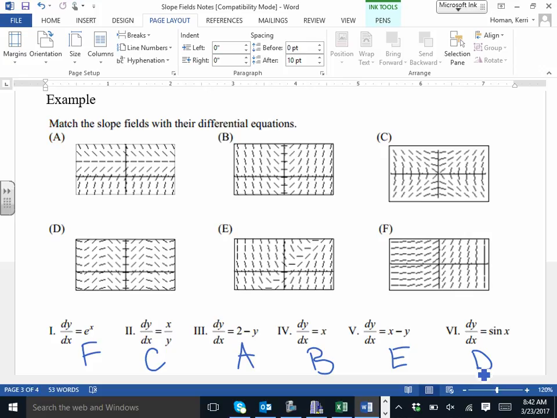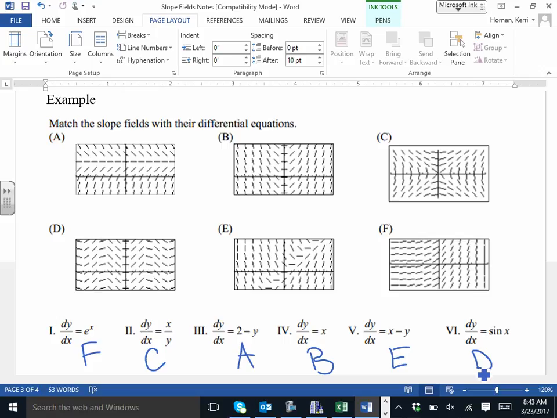Like b, right? E to the x, what's the derivative of e to the x? E to the x. What's the antiderivative of e to the x? Okay, antiderivative is e to the x, so it's still going to look like e to the x. Okay, get the easy ones out of the way first when you're matching them up, and then work on the other ones.